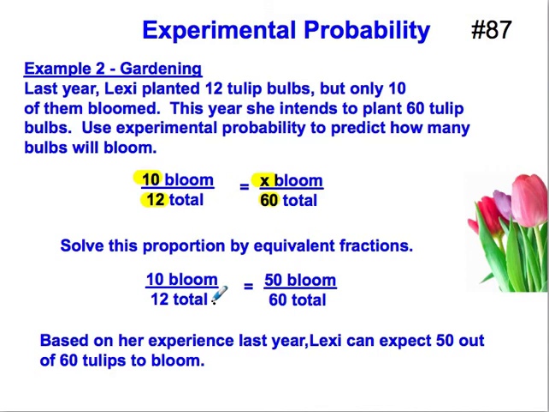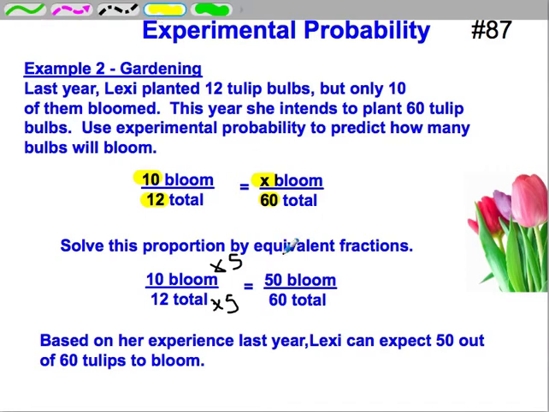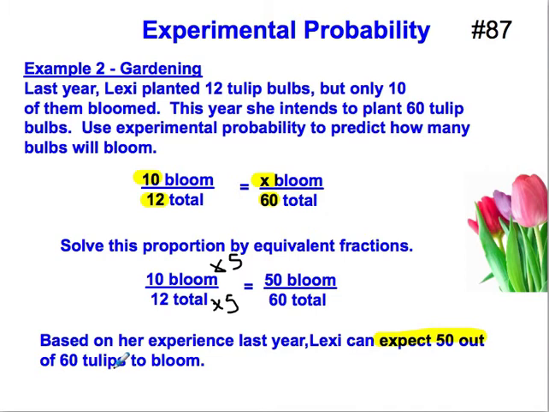So in this case, 12 times 5 gives us 60, so if we multiply the top by 5 as well, that gives us 50, and 50 is our number that we can expect to bloom this year out of 60. So again, this is one way to solve it. You can also solve it using cross multiplication, and we have an example of that in the last problem.